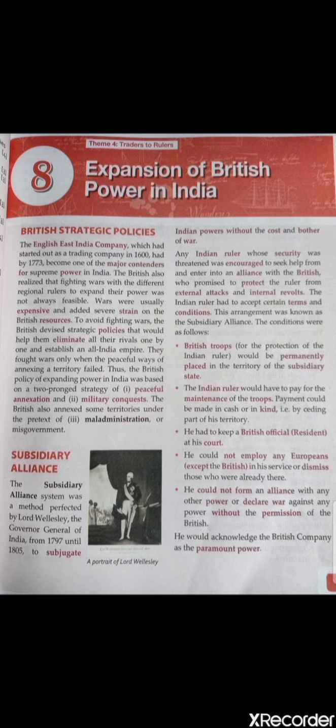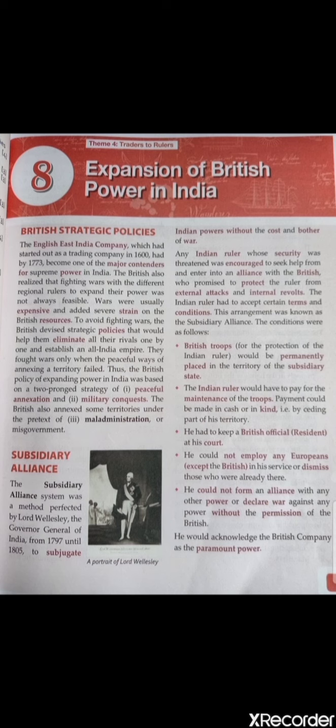The British followed two strategies for expanding power in India. One is peaceful annexation and another is military conquest. They also annexed some territories under the pretext of maladministration or misgovernment.